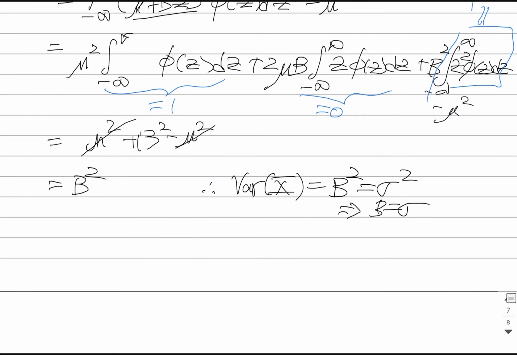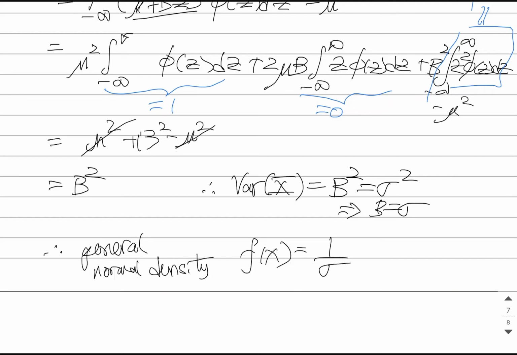And so we have found the 3 terms. So this is what we are going to call a general normal density. If we've got a function that is now in this form, 1 over sigma phi of (x minus mu) over sigma, this will be the general normal density.